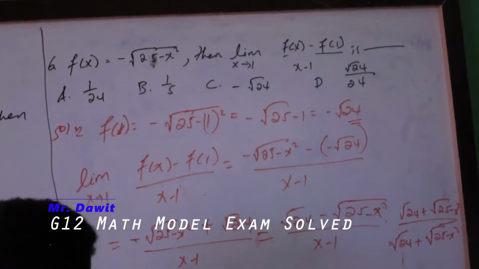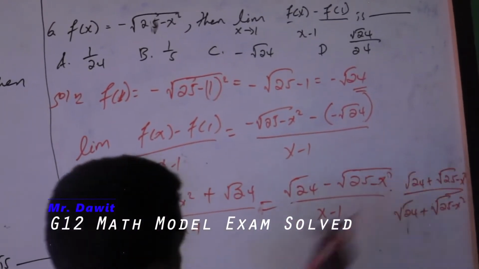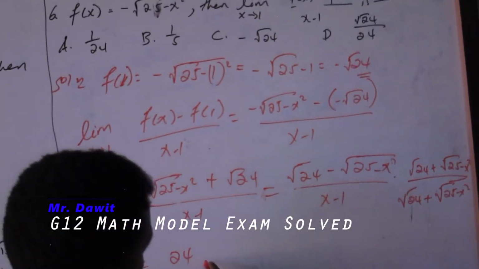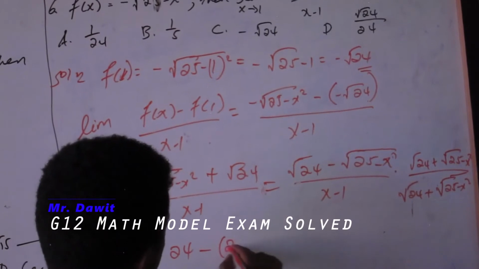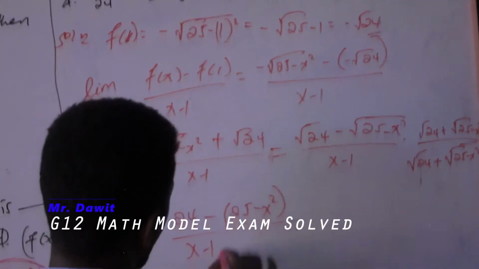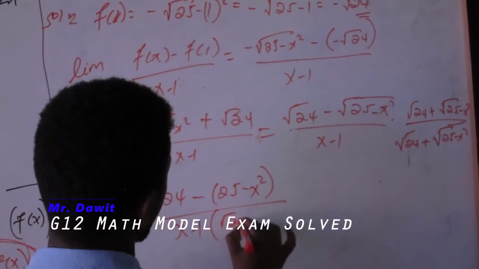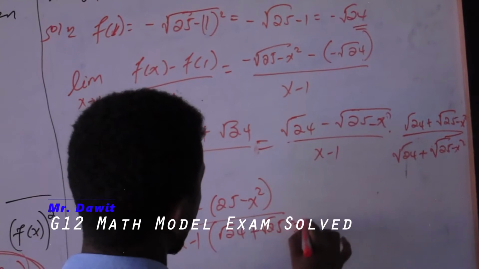So it becomes the square root of 24 times the square root of 24, which is 24, minus 25 minus x squared, divided by x minus 1 times the square root of 24 plus the square root of 25 minus x squared.